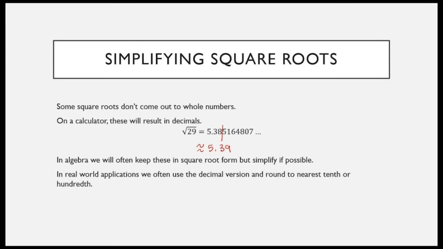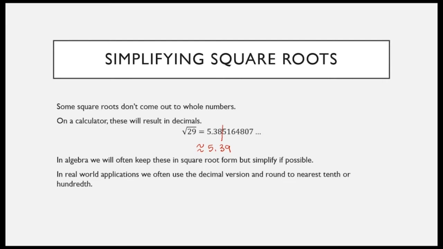And usually we kind of round to 2 decimal places, but we don't really like to round. We want to keep it in its radical form because that's exact. And so when we say we're simplifying square roots, we're trying to make the inside part as small as possible. And if it's possible to take things on the inside and bring them outside of the radical symbol, then we do.